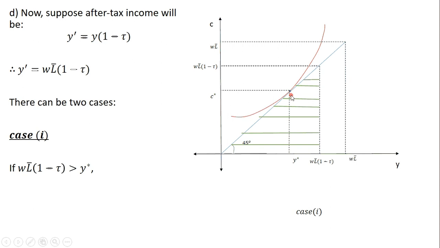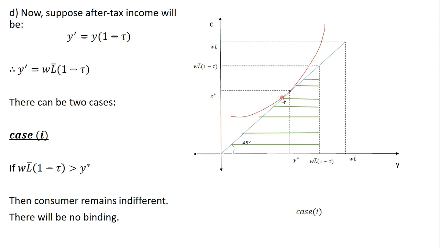Our initial choice remains the same. So in this case the consumer is indifferent with this experiment, and there will be no binding because this experiment does not change the consumer's preferences.